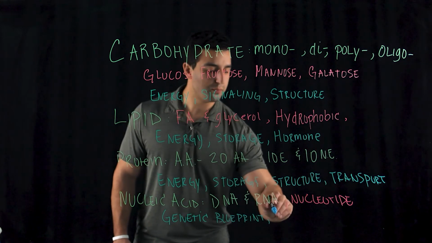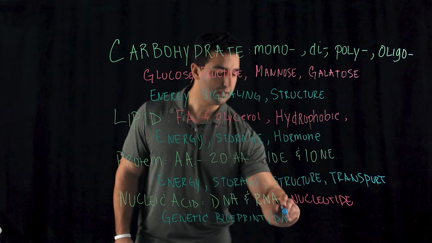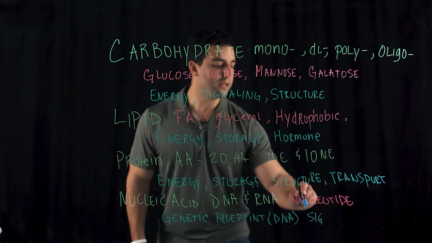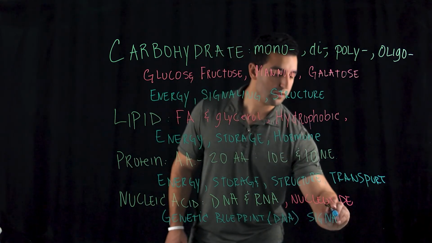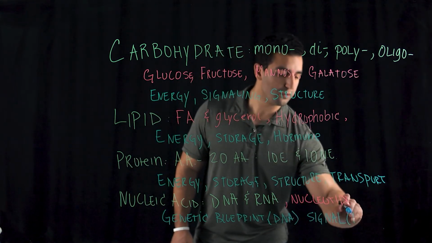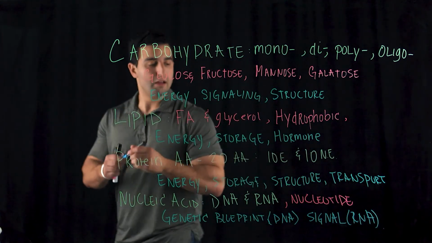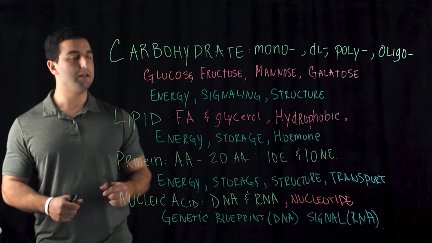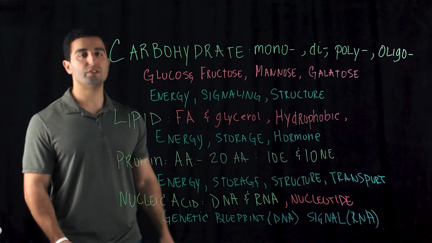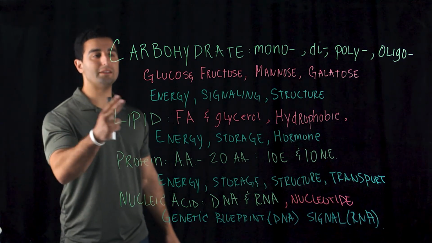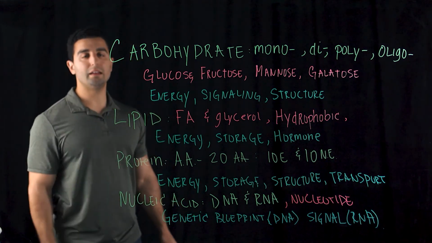The genetic blueprint is usually referred to as DNA, and then the signaling, because RNA is responsible for what? Production of proteins. And if we have RNA producing proteins, RNA plays a big role in generation of signaling. So these are the 4 organic compounds that are present in the body.